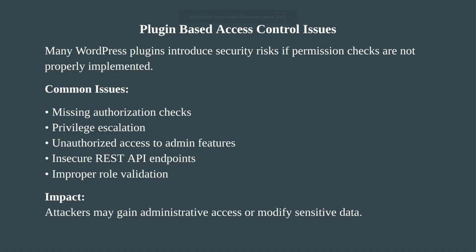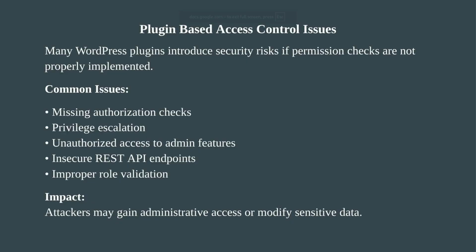These vulnerabilities can lead to privilege escalation, unauthorized data access, or modification of websites. These are the common issues: missing authorization checks, privilege escalation, unauthorized access to admin features, insecure REST API, improper role validation.